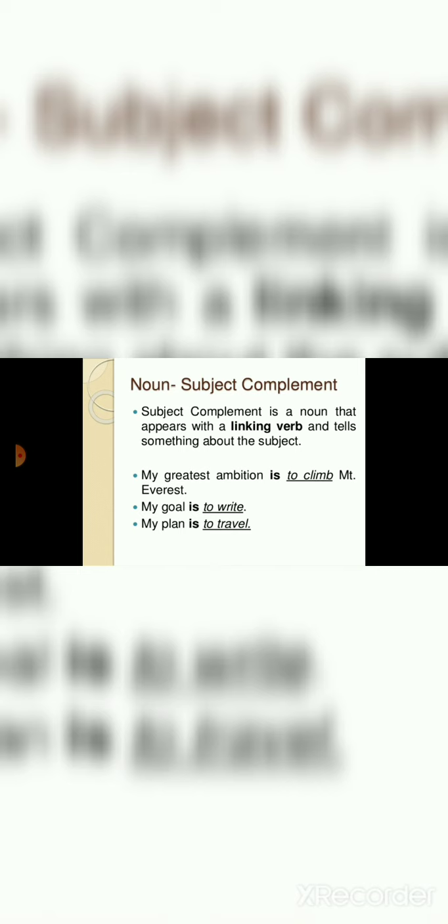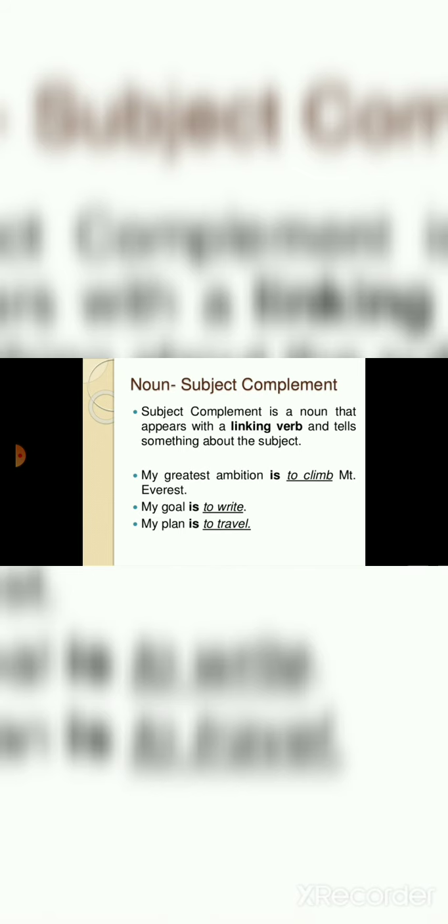Noun subject complement. A subject complement is a noun that appears with a linking verb and tells something about the subject. My greatest ambition is to climb Mount Everest. My goal is to write. My plan is to travel. Now in a noun subject complement, we need a linking verb.